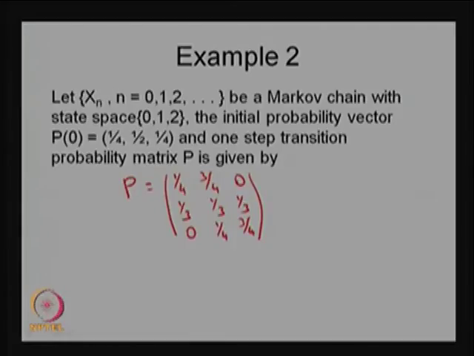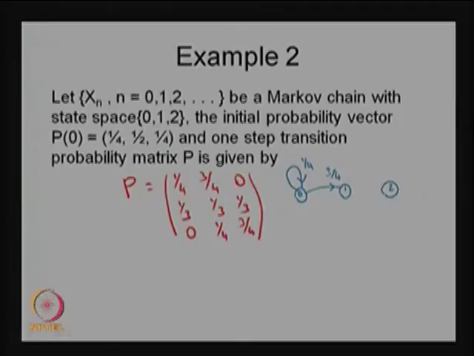It is also provided the one step transition probability matrix. From the one step transition probability matrix you can draw the state transition diagram also, because the state space is 0, 1, 2. Therefore, the nodes are 0, 1 and 2, and this is the one step transition probability. Therefore, 0 to 0, that probability in one step the system is moving from the state 0 to 0, that is 1/4, and the system is moving from the state 0 to 1 in one step, that is 3/4, and there is no probability of going from the state 0 to 2. Therefore, we should not draw the arc.